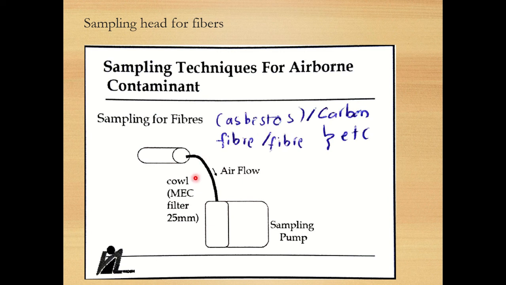So when we take the example of asbestos, we can count how many asbestos fibers are on the MCE filter, which comes with the grid, so it is easier for us to count. That's why we need to know the characteristics of asbestos, so that we count the right contaminant, not other contaminants.